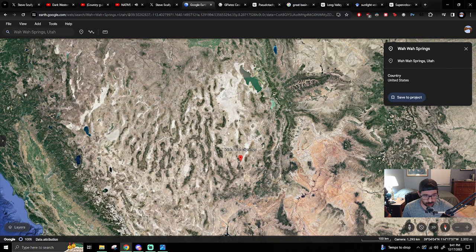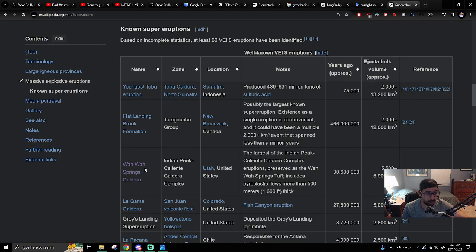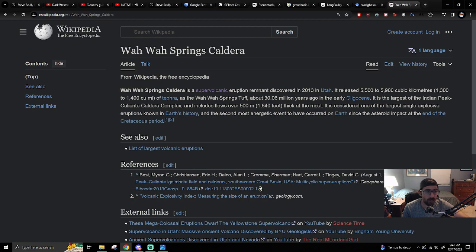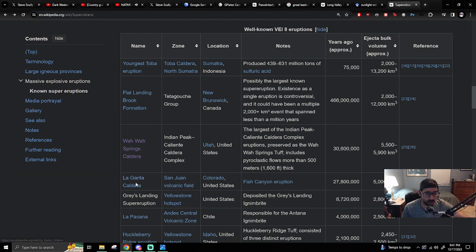Kind of like central to this region. Not sure if that's where the caldera is. Let's see. Coordinates. Colorado.